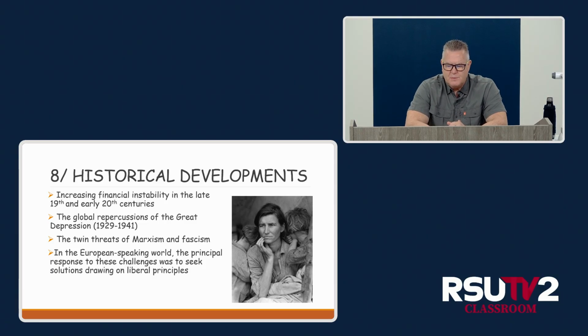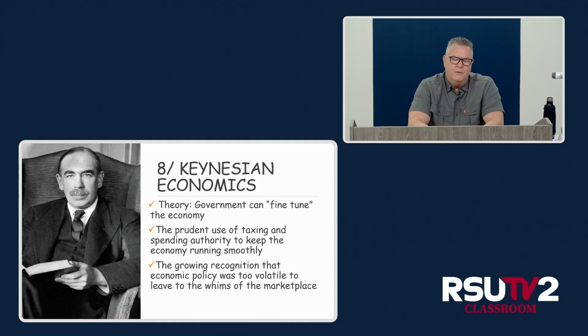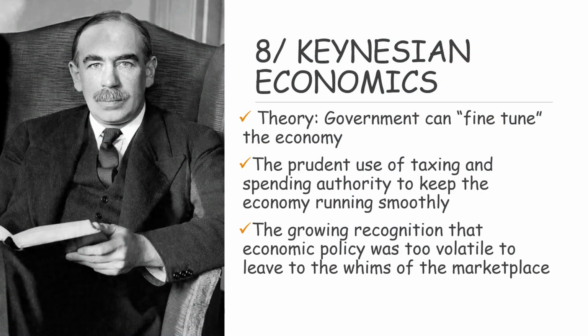So in the English-speaking world, the principal response to these challenges was to draw on liberal principles and to rely increasingly on democracy. One of the more important elements of this is the idea of Keynesian economics. John Maynard Keynes was a British economist.